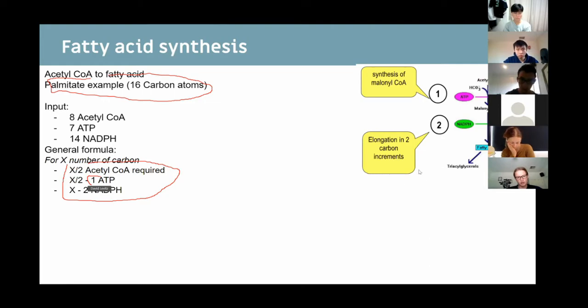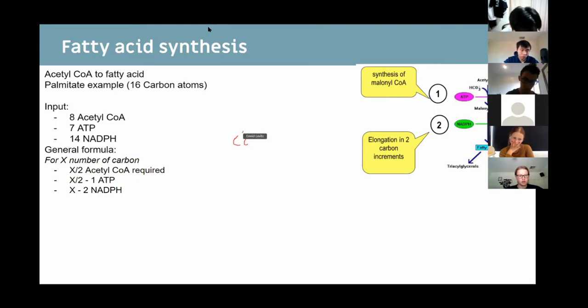I'm very, very unlikely to ask you to do this in an exam. It's x divided by 2, x divided by 2 minus 1, x minus 2. You can think about it as you're synthesizing, you need 2 acetyl-CoAs to make the chain. It's okay, you can just remember it if you like.